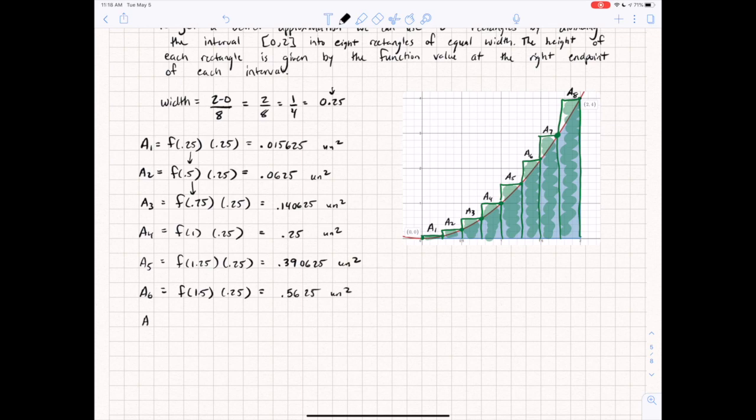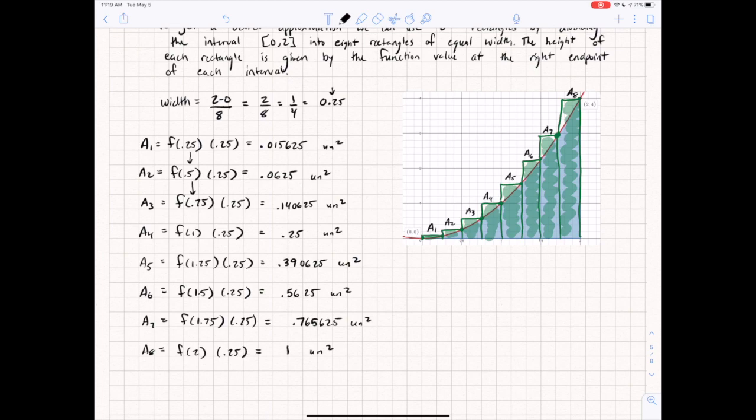The seventh one is found by doing f of 1.75 times a quarter. This would give you 0.765625. And then finally, the last approximating rectangle, plugging in f of 2 is my height times a quarter, and this would give you 1 square unit.